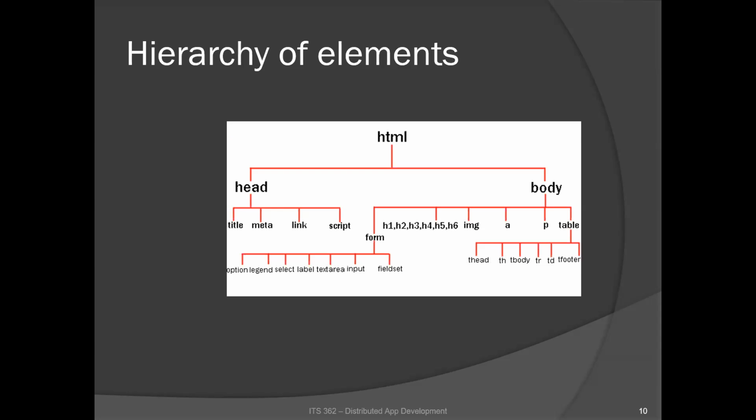And then in the body, you can have tables, paragraphs, anchor tags, image tags, headings. You can also have forms, right? And then those tags, such as the form or the table, can have their own elements like table data, table row, table head, and so on. Right? So that's just HTML.